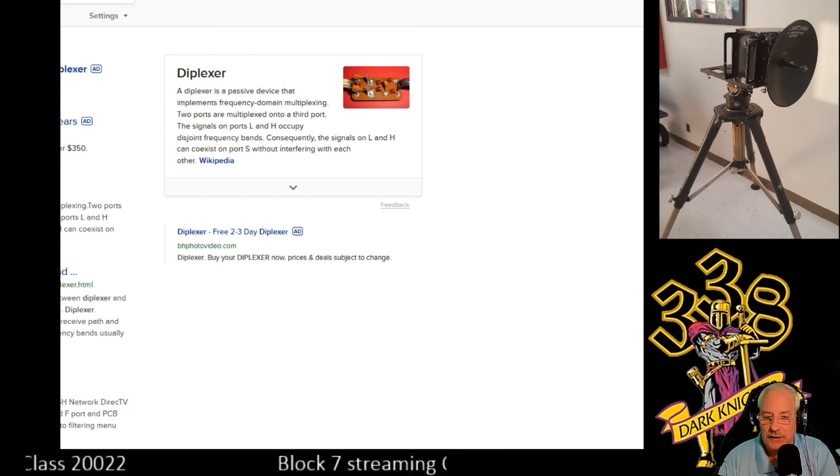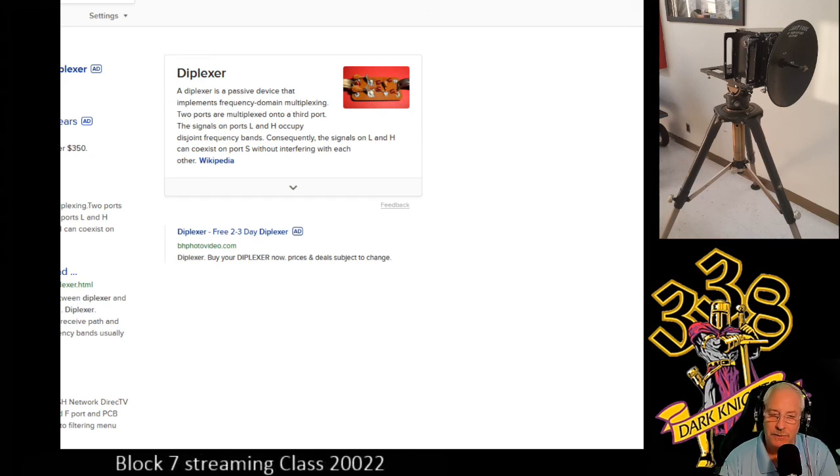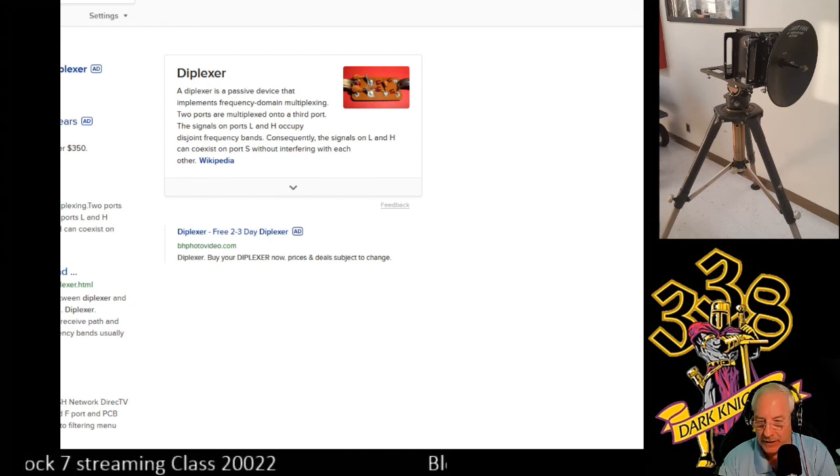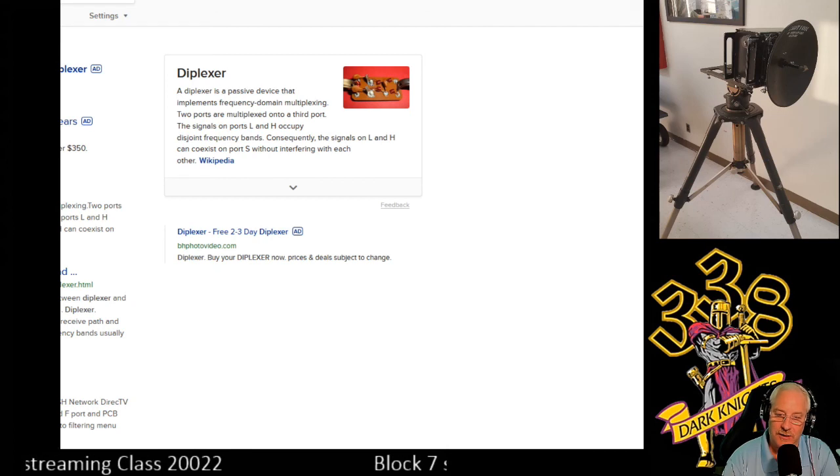So you're going to see it. It's a three-way. That's all it is. I don't know how the engineers came up with this, but the object is one of them is going to be your antenna. The other two is going to be a transmit line and a receive line, and that passive device knows which way to pass the transmit out the antenna and route the receive to the receive section without any interference.